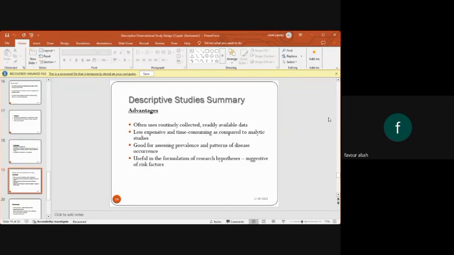Now that will lead you to the formulation of your hypothesis, like saying there is no association between smoking and lung cancer. Where do you get that from? Why smoking? Why not eating rice or some other risk factor, some other exposure?